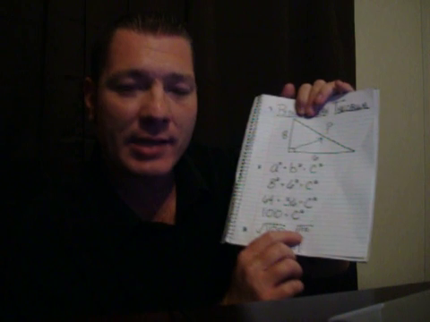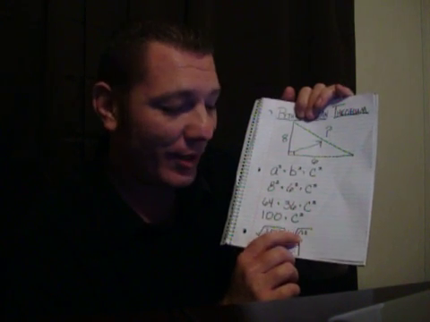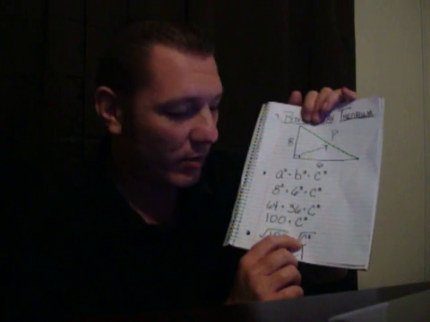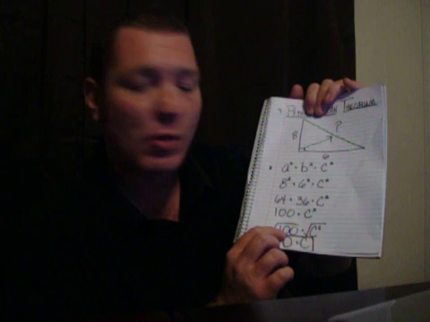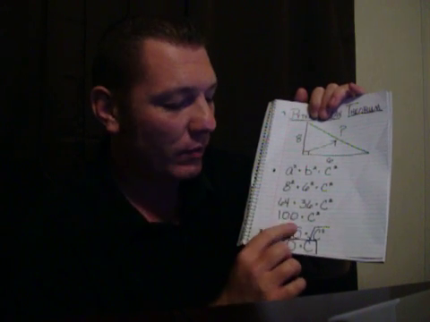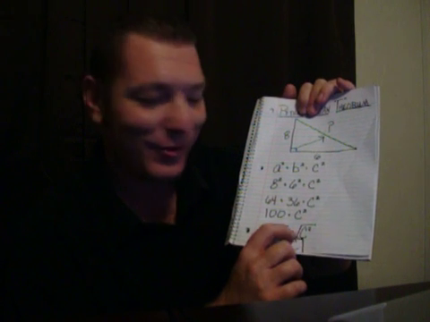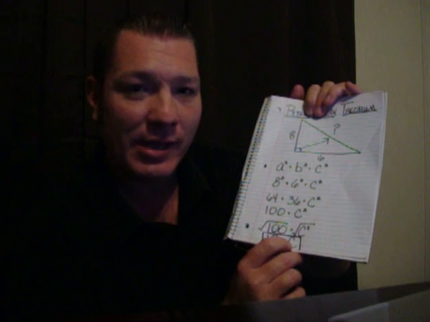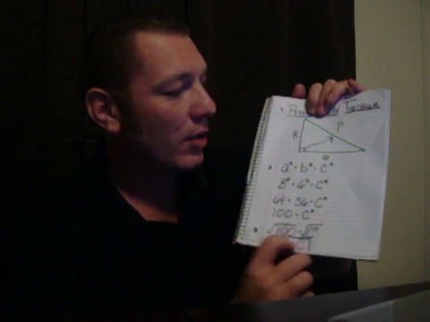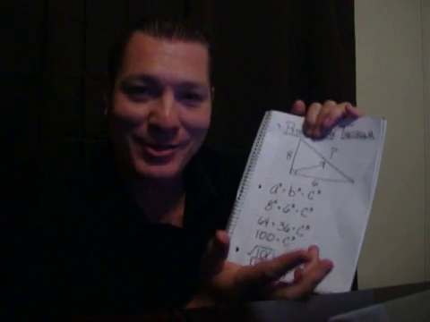Okay? Anytime you have a square and you take the square root, it's just the number that was squared. In this particular case, it's going to be c. Square root of 100, of course, is 10. So we carry that down. 10. C squared, square root, is c. Now we know that c equals 10. 6, 8, 10. The answer is 10.